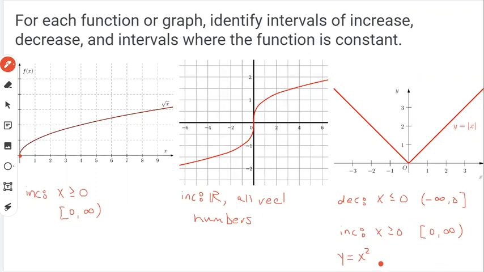It's very similar, right? Because when you have that U shape, the function is decreasing until you get to the vertex, which is the bottom of the hill, and then it starts increasing as you go to the right of 0. So those two functions are actually very similar.